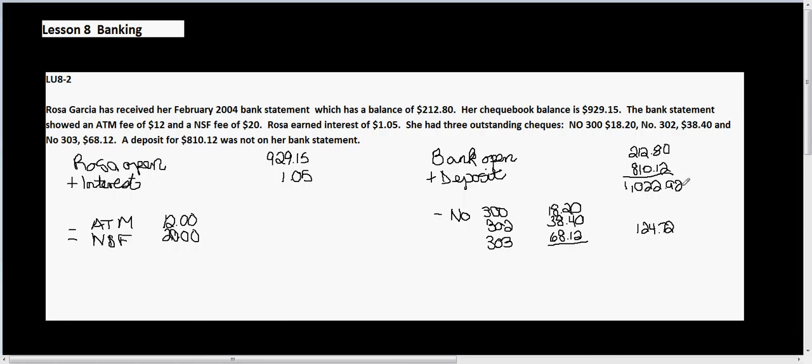And from that, we are deducting these outstanding checks, which means our balance at the end should be $898.20. And we call this our adjusted bank balance. Running out of room here, so I'm just going to say adjusted balance.